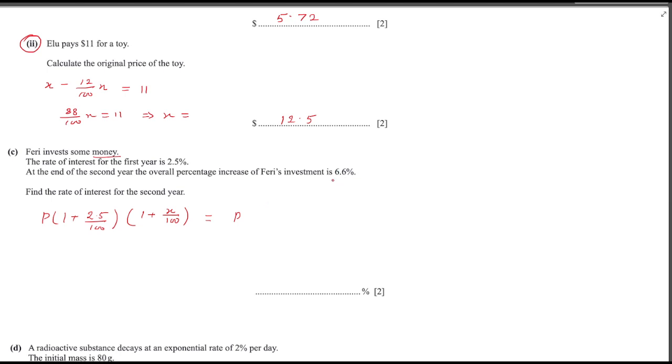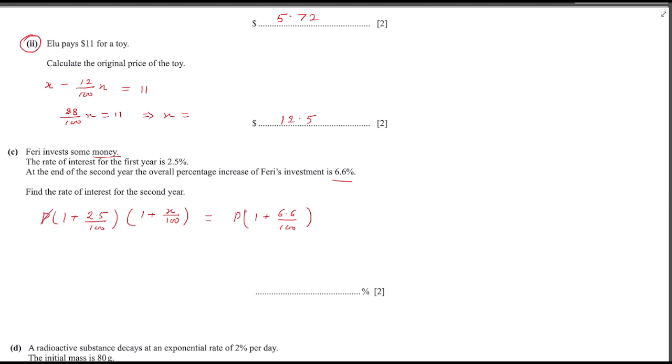So this is an overall increase. So P into 1 plus 6.6 divided by 100. This is what they want to say, that this will become this.